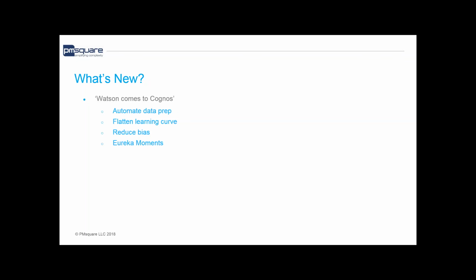It all is geared towards providing eureka moments. I was talking to one of the IBM product managers this morning, and that was really what he said. In his mind, it's all about whether Cognos is helping you discover the most important pieces of data that can change the way you think about your business.